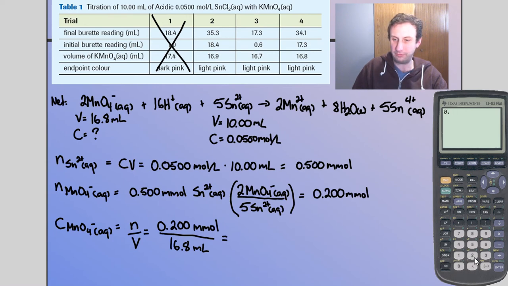So 0.2 divided by 16.8 gives us an answer of 0.0119.